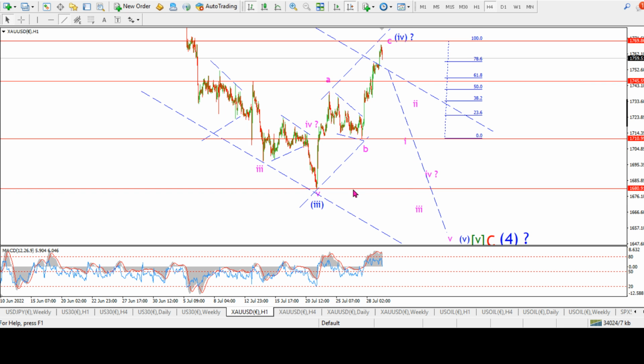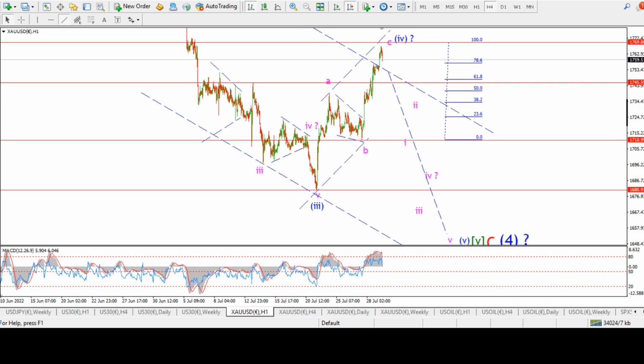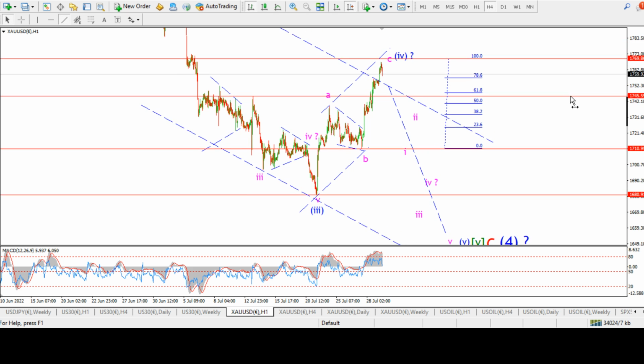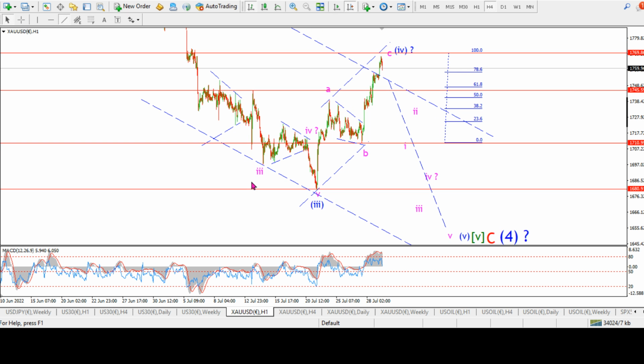If we get to the hourly count here, you can see here that I've expanded this count today. All you members, I was looking at an expanded flat for wave 4, a complex expanded flat. So wave A up, 3 down wave B, and 3 up in wave C. So I think today it's worth shifting that focus a little bit.